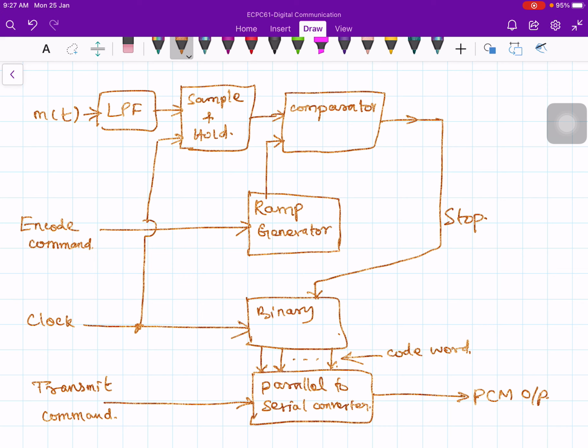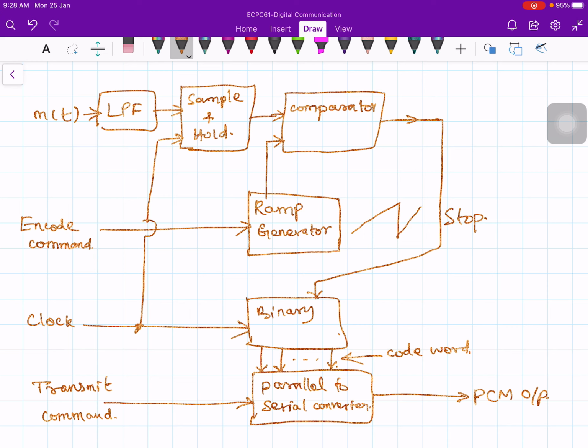The sampled signal is compared with the help of the comparator. Just as this sample is being generated, you also give what is called an encode command to the ramp generator, which initiates the generation of the ramp signal. It generates a ramp signal like this and comes down and generates a ramp signal like that.